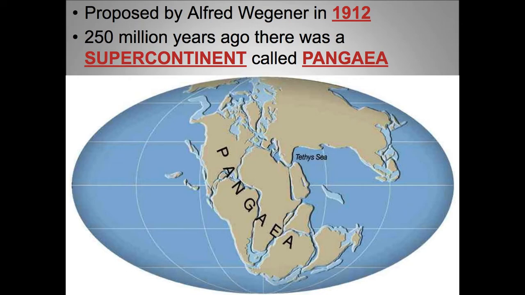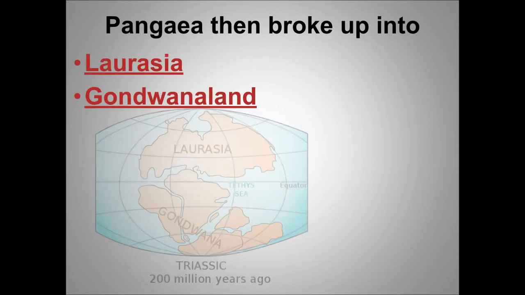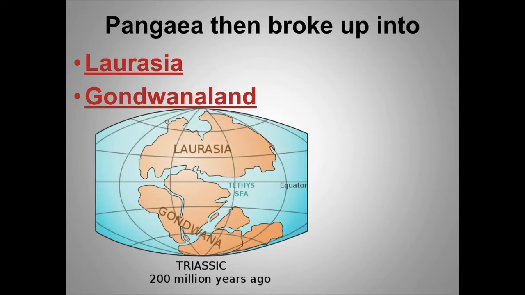All right. Pangaea then broke apart into two other supercontinents called Laurasia and Gondwanaland. I'm not going to ask you that. And that took about 50 million years. And then as time progressed, the continents began to spread apart further and further until they ended up where they are today. All right?